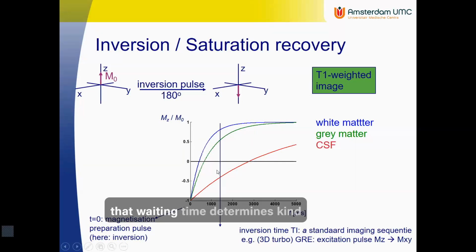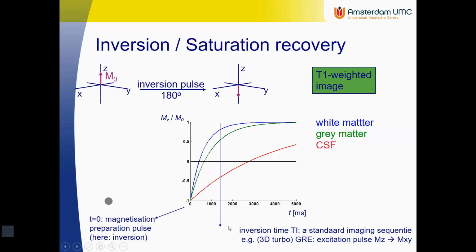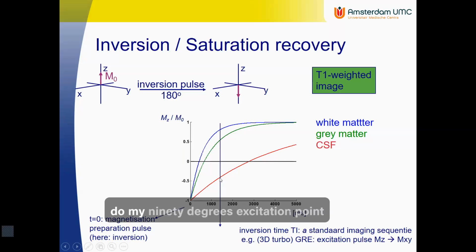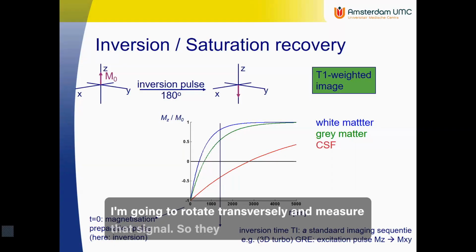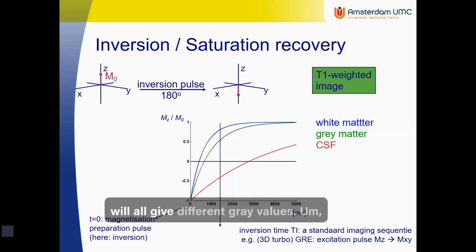That waiting time determines at which point on these T1 recovery curves I get my signal. In this case, I have a lot of signal difference if I do the excitation pulse at this point in time. All the different tissues have a different longitudinal magnetization that the first excitation pulse rotates transversely, and I measure that signal. So they will all give different gray values.